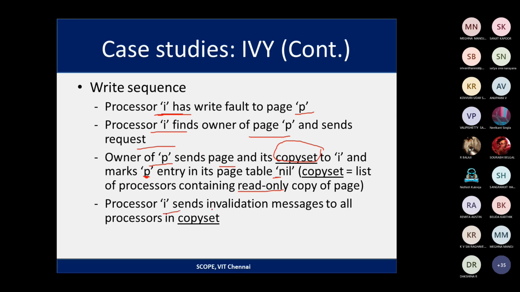Then processor I sends invalidation messages to all the processors in the copy set. So basically, whenever a fault happens, that processor sends a request to the owner who has the data, and the owner sends the copy set. The copy set lists all the processors having a read-only copy of that page, and the processor which wants to access that data has to send invalidation messages to all of them.